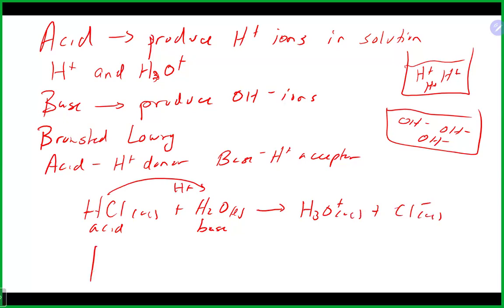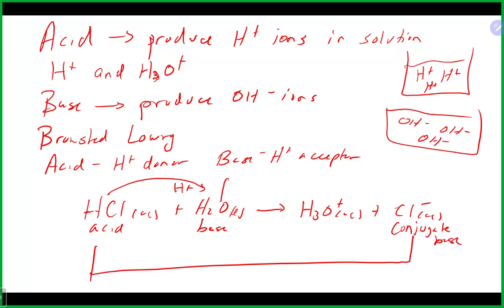The acid on one side of the arrow is related to the conjugate base on the other side, while the base on one side of the arrow is related to the conjugate acid on the other side. So your regular acid and base are on the left-hand side of the arrow, and your conjugate partners are on the right-hand side of the arrow.